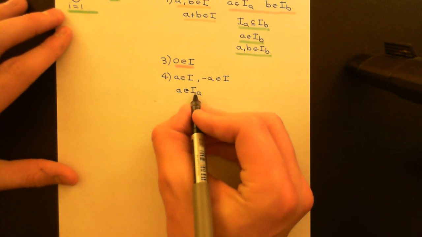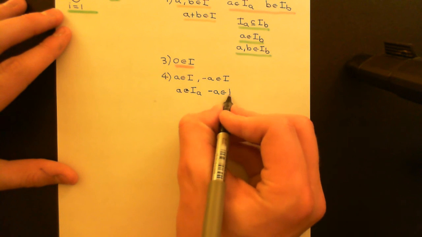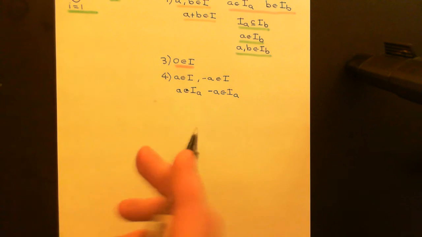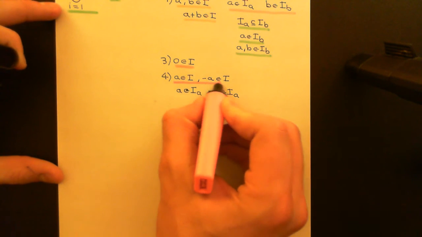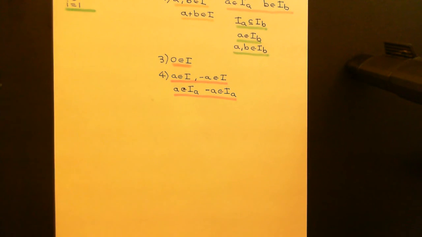Then of course, because this is an ideal, it's an additive subgroup, so negative A must be contained within there as well, and therefore negative A will be contained within capital I, because that's the union of all of them. So indeed you do have additive inverses, so that's all good.